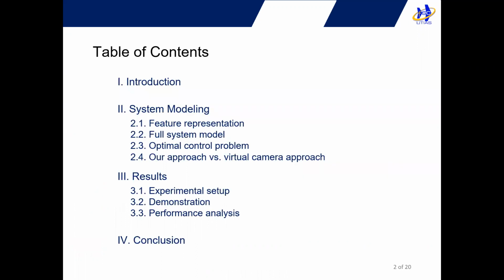This talk will start with a brief introduction, the objective and key ideas of our works. We'll present the feature representation, the full system dynamic model, the constraint to ensure target visibility, and the optimal control problem. We will also highlight the key distinction between our approach and the virtual camera approach.